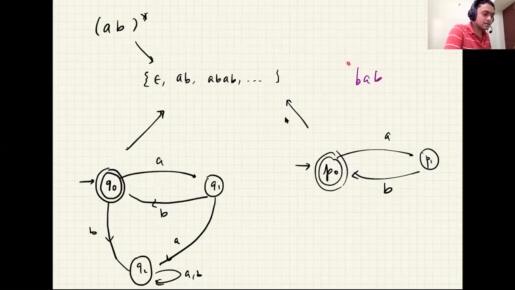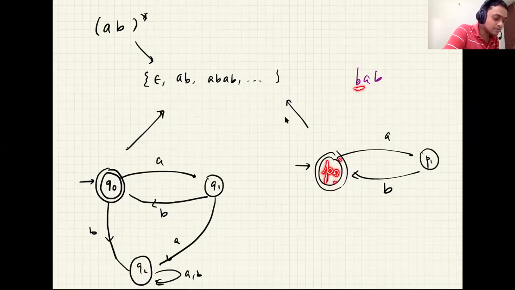The BAB part I will explain. Someone has asked me to explain again. So if I look at BAB, when this automaton reads BAB, what happens? It starts from here. The first letter is a B. What will it do?